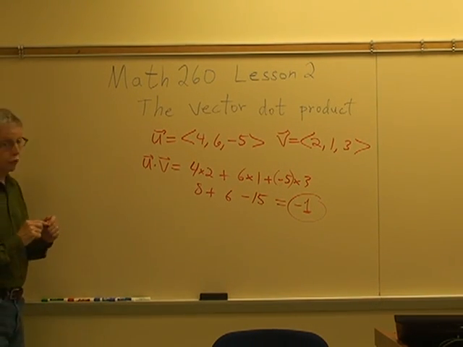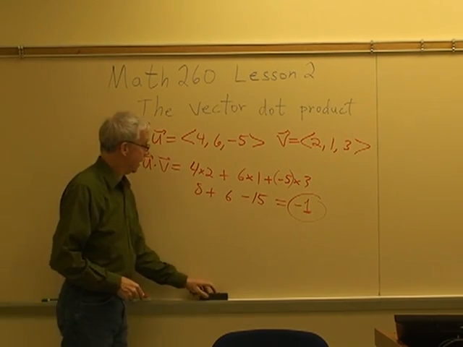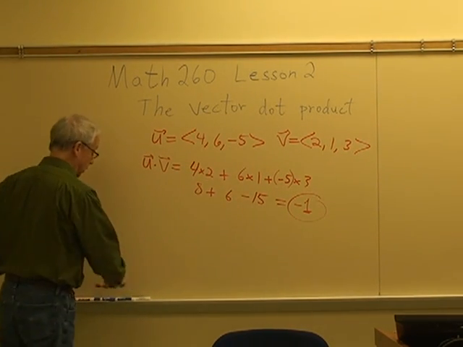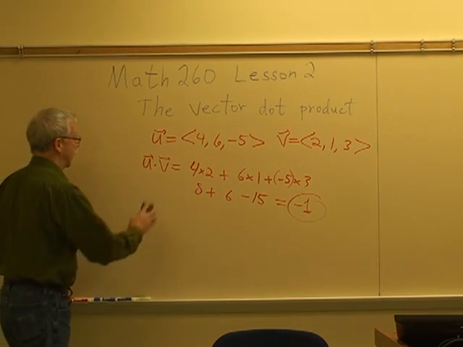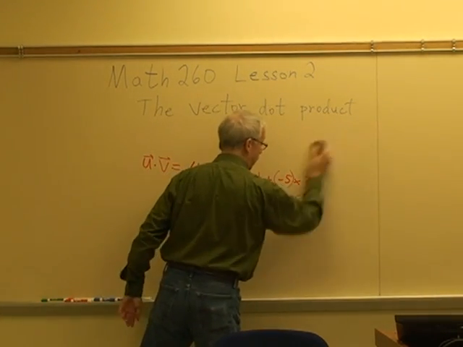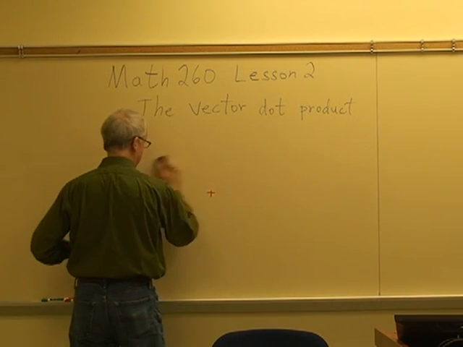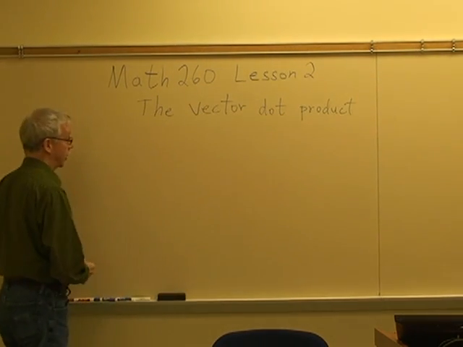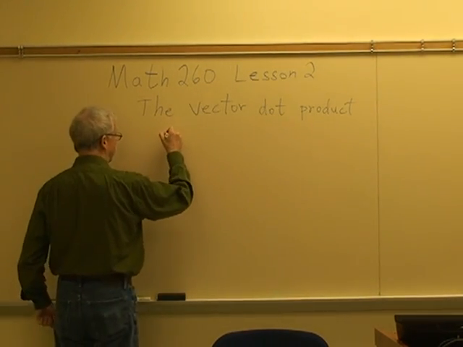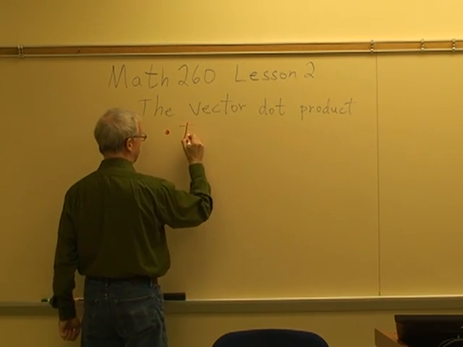What's the dot product useful for? Besides testing for when vectors are perpendicular, that's the special case when the answer is 0. As we'll see, the dot product is heavily used in future material. For example, it's used for, as we said, testing perpendicularity.